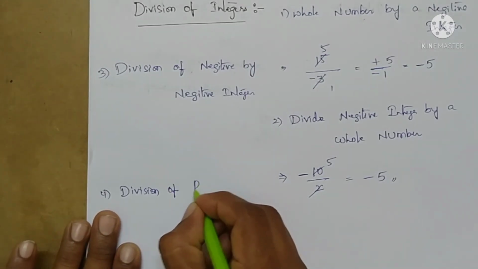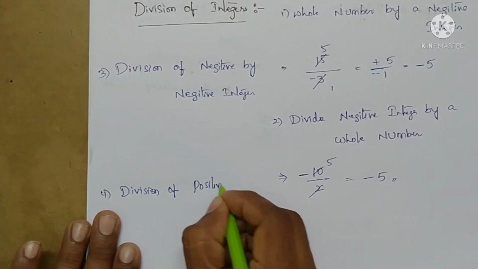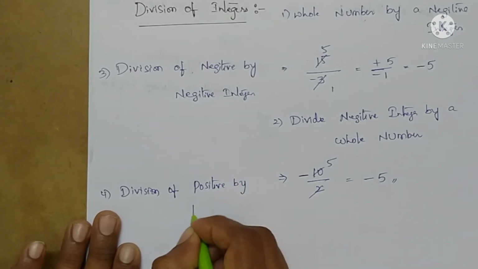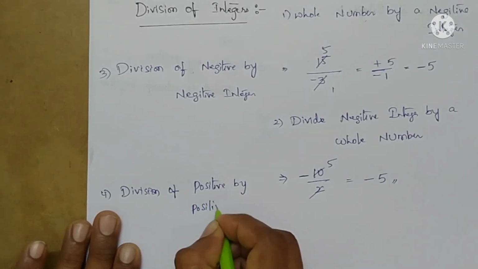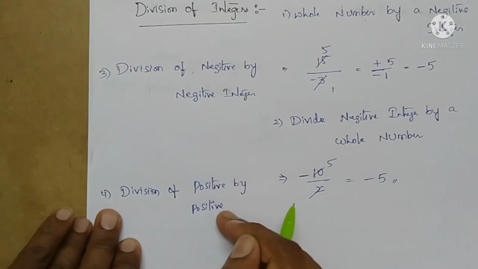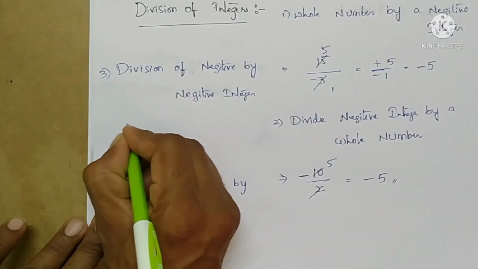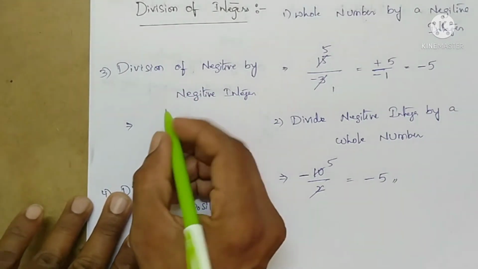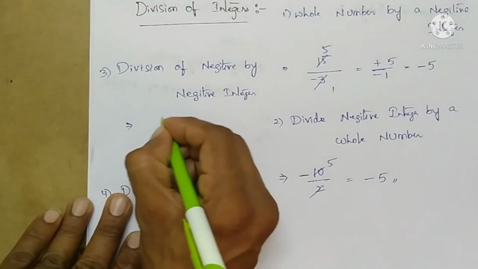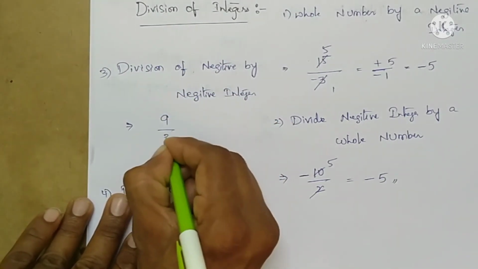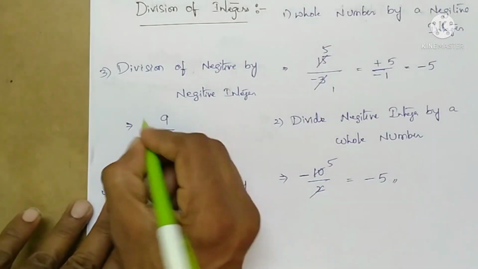Next, the fourth one, division of positive by positive. It is nothing but whole number by whole number. First, let us see negative integer by negative integer.